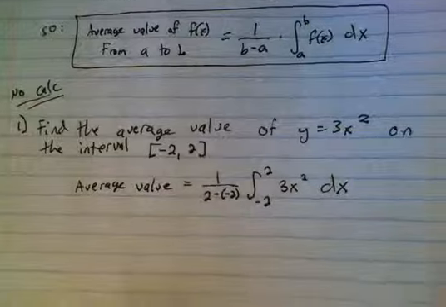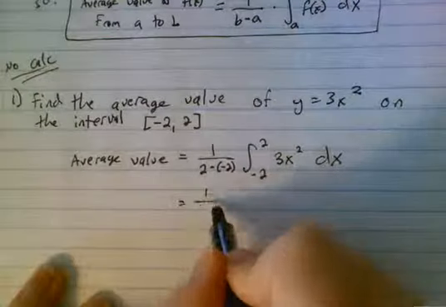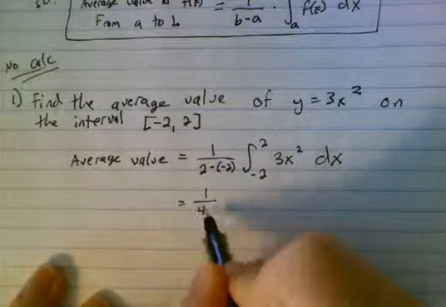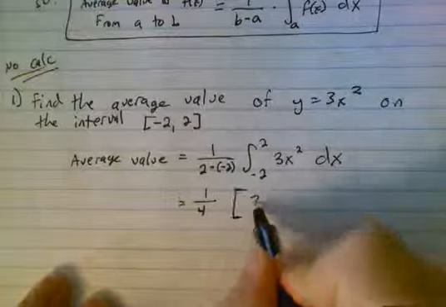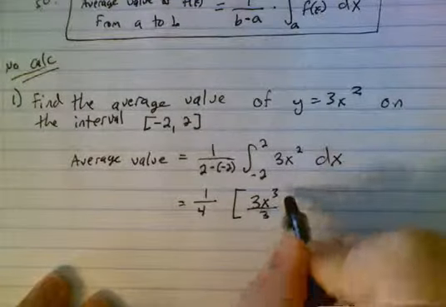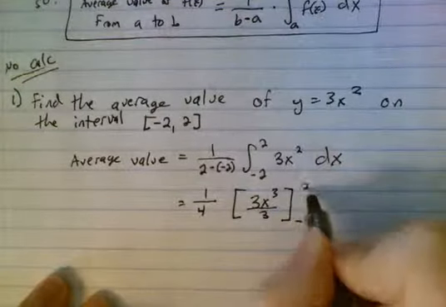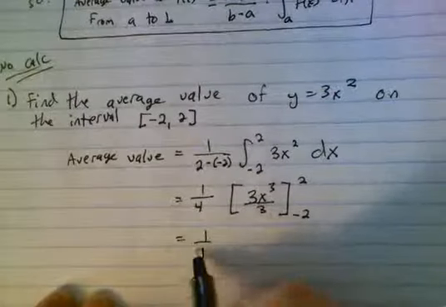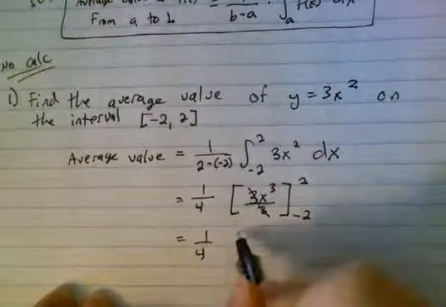I said no calculator, so let's work that one out by hand. 2 minus -2 is 4. Add 1 to the exponent, divide by the new exponent. We're going from -2 to 2. That cancels out.